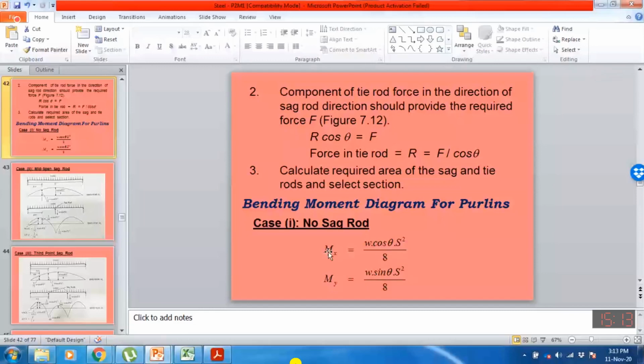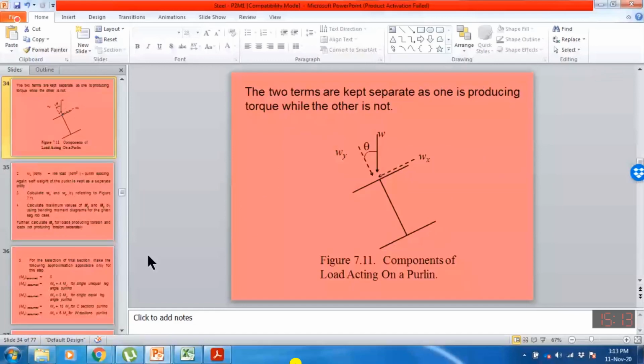We are having this load. If we multiply with this theta, we get this wy. So wy will be equal to w cos theta, because the side from which the angle is given will serve as the base, and the other component will serve as the vertical component.